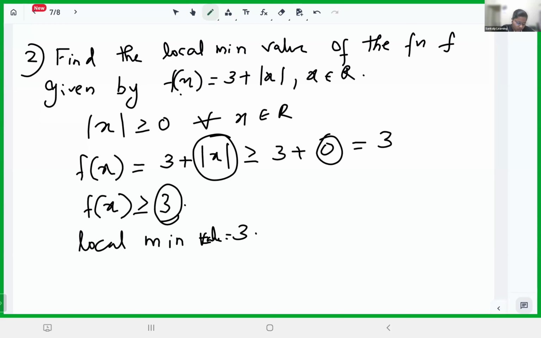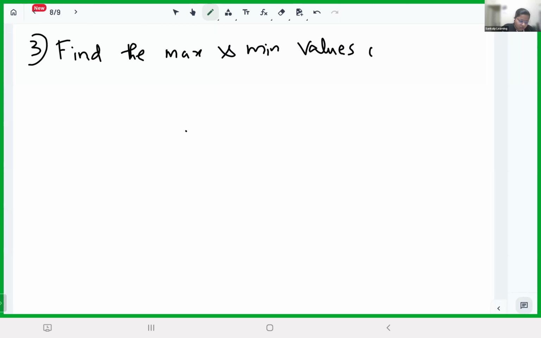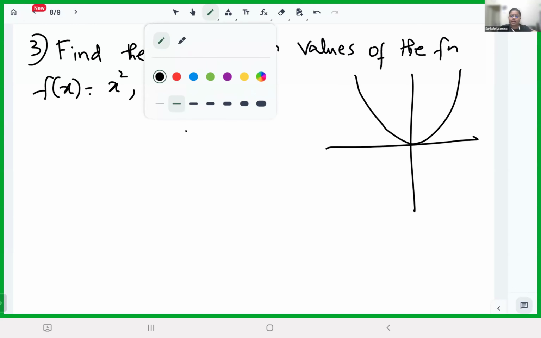Okay, now we are moving on to the third question. Find the maximum and minimum values of the function f(x) = x², when x is an element of R. So this is our function, f(x) = x².